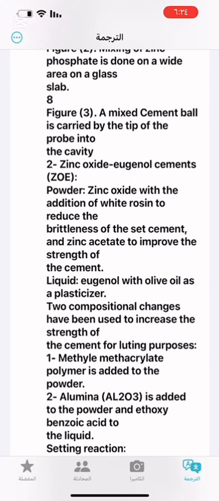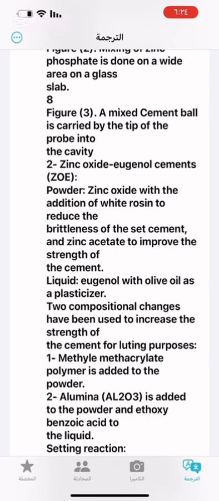Liquid: eugenol with olive oil as a plasticizer. 2 compositional changes have been used to increase the strength of the cement for luting purposes. 1. Methyl methacrylate polymer is added to the powder. 2. Alumina, Al2O3, is added to the powder and ethoxybenzoic acid to the liquid.